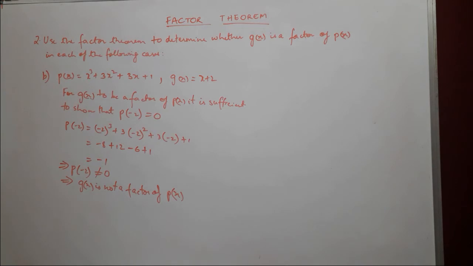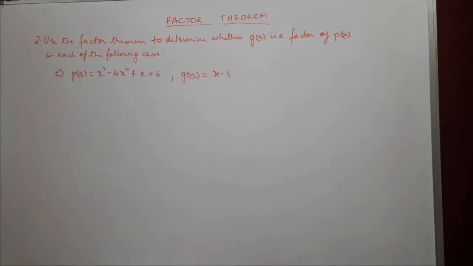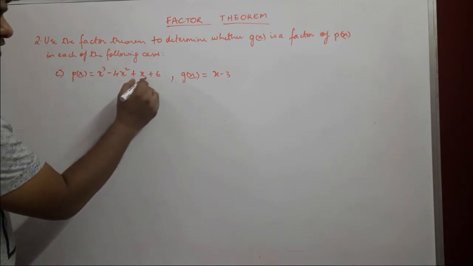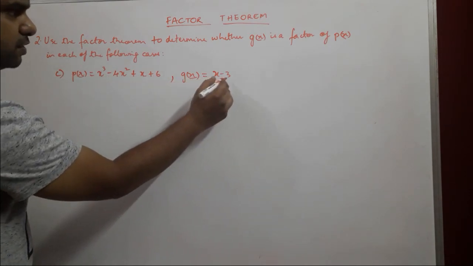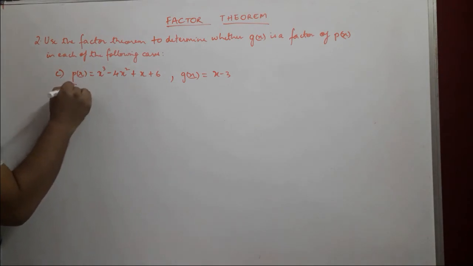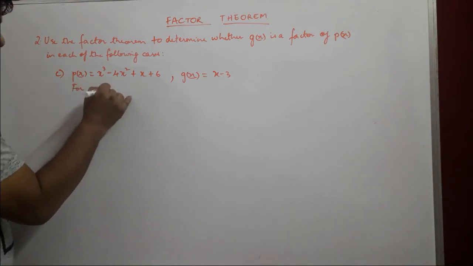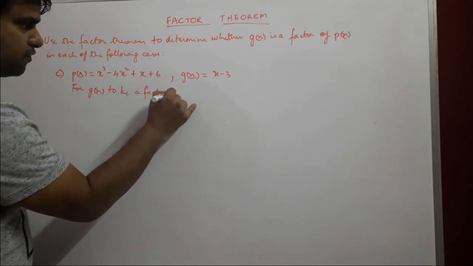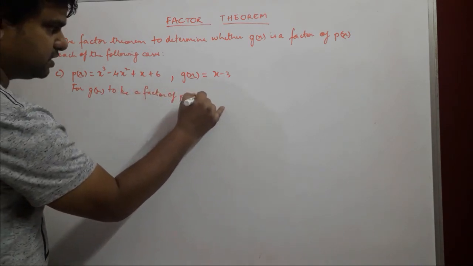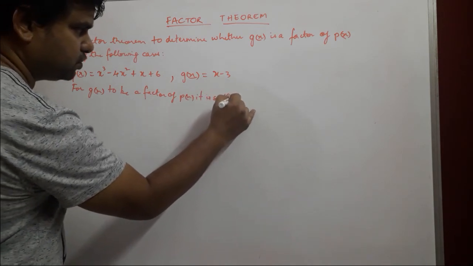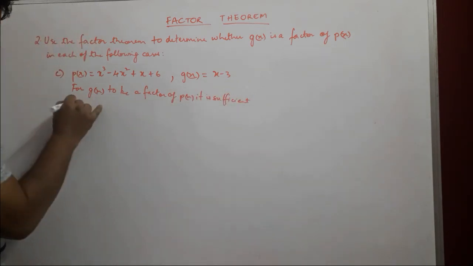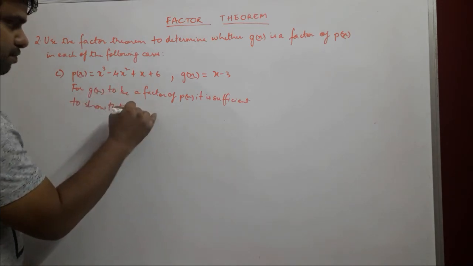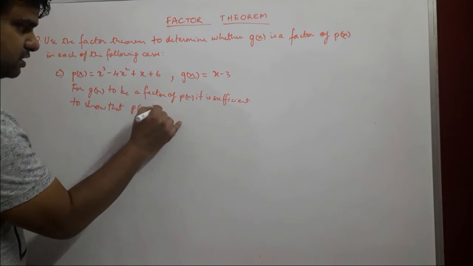Okay, let's go to the next problem. The problem says p of x equal to x cube minus 4x square plus x plus 6 and g of x is equal to x minus 3. So for g of x to be a factor of p of x, it is sufficient to show that p of 3 is equal to 0.